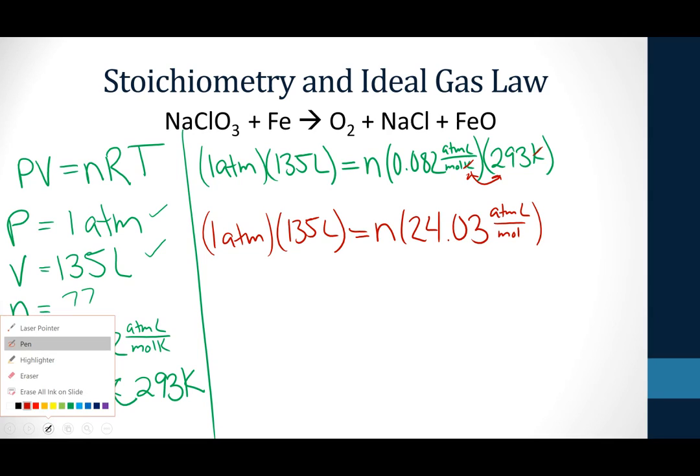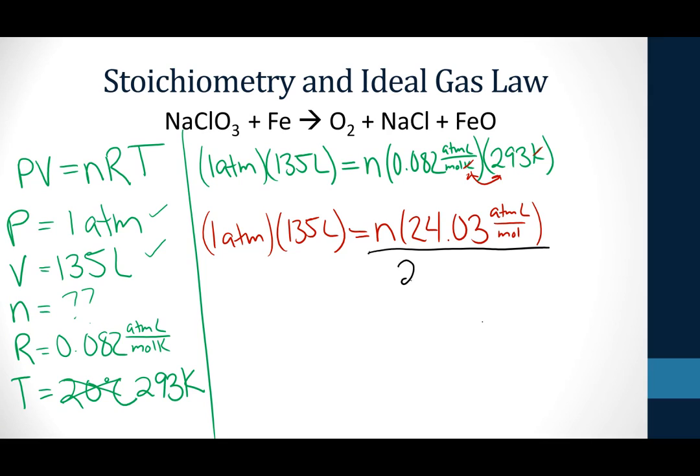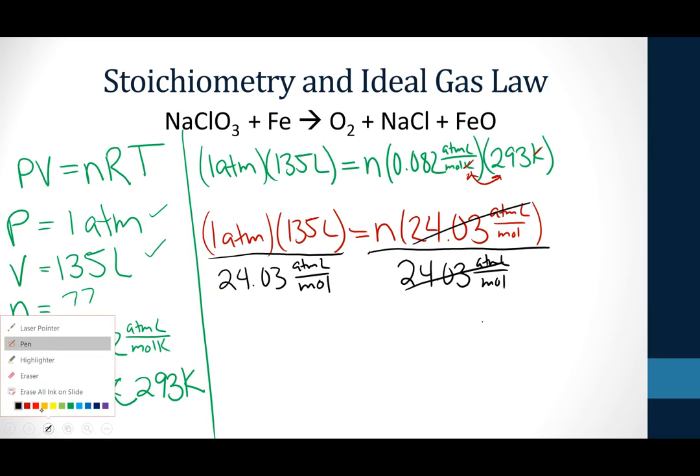Okay. Now to solve for moles by itself, I'm just going to divide by 24.03. And on top, on bottom, that cancels. Whatever I do to the right side, I also need to do to the left side. And here's where we see those units shake out.